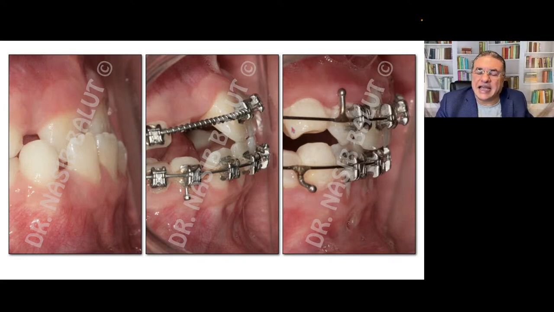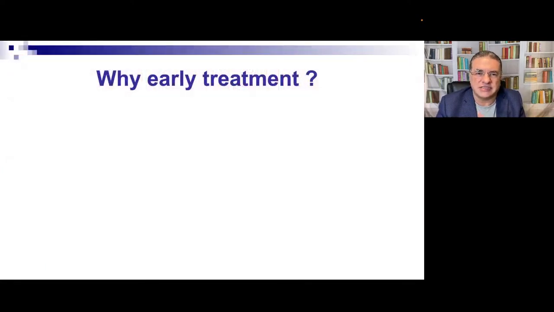But as soon as I can place a rectangular arch wire and have low torque brackets, then I will not end up with proclined upper incisors. So I'm taking care of the class 3, but also I'm taking care of the aesthetics of the smile. So this is very important. And this is why variables of torque play a very important factor in our mechanics with the Damon system.